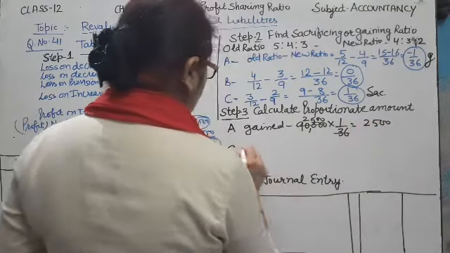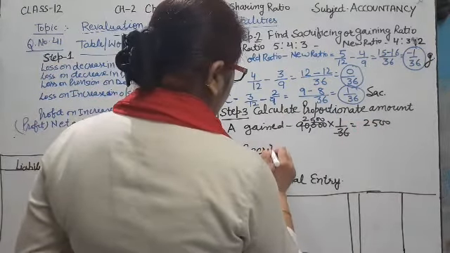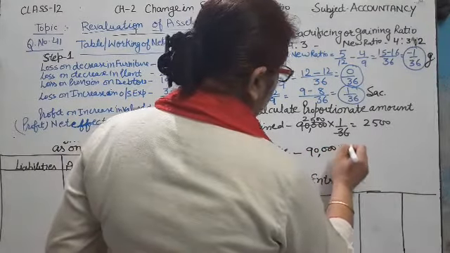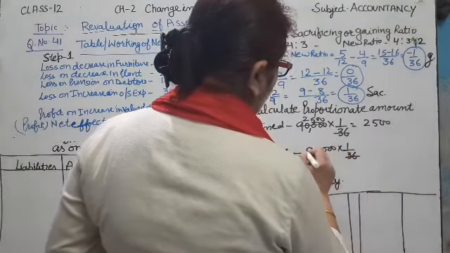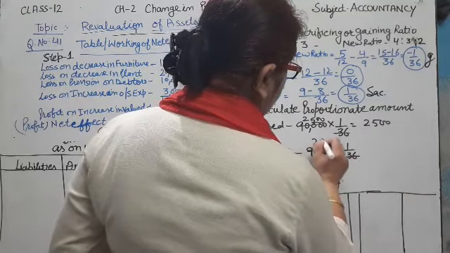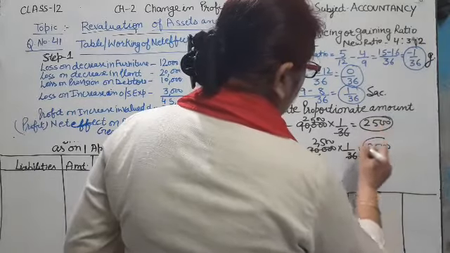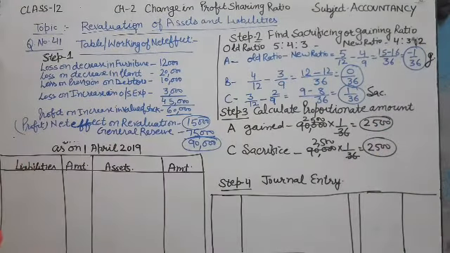Now we calculate C sacrifice is equal to 90,000 multiply by 1 by 36, that means 2,500. So proportionate amount net effect is the equal.